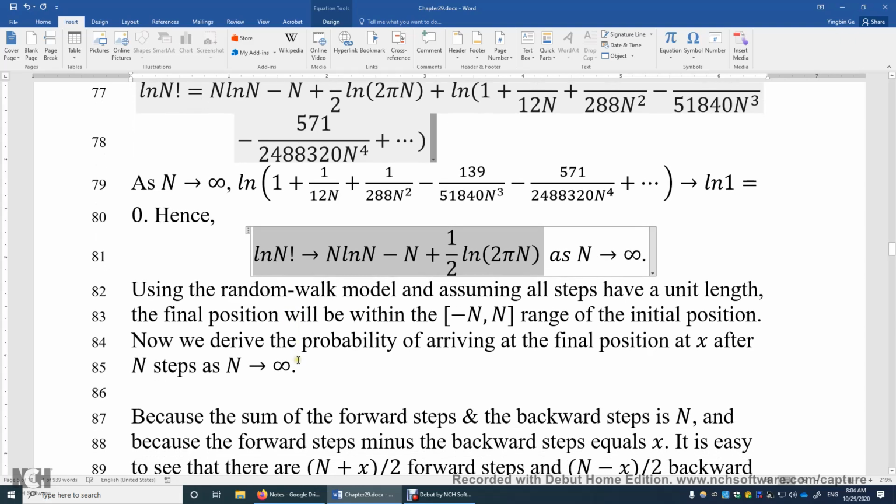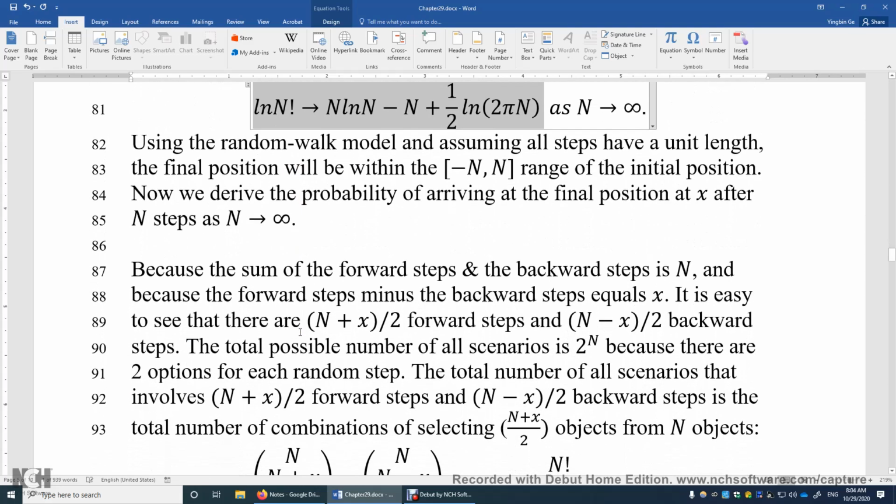Now let's look at the derivation. So let's say this person made a total of n steps, and n is large enough, all right? And if the person's final position is x steps away from his initial position, then he made m plus x over 2 forward steps and m minus x over 2 backward steps.